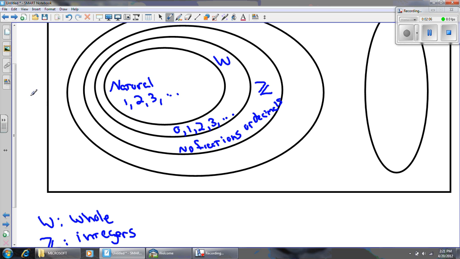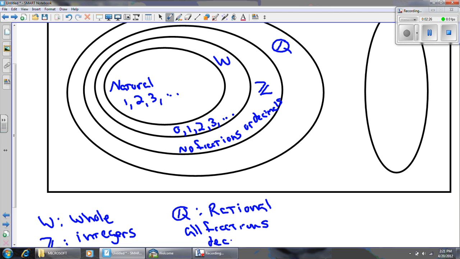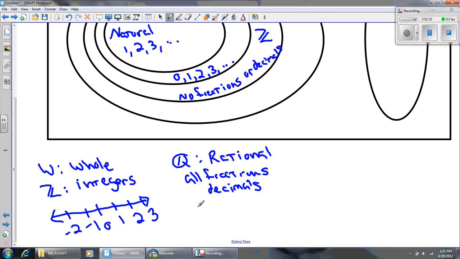Right? Okay. Then we get to the rationals, which is Q. Q stands for rational. Okay. And this includes all fractions, decimals that end or repeat.